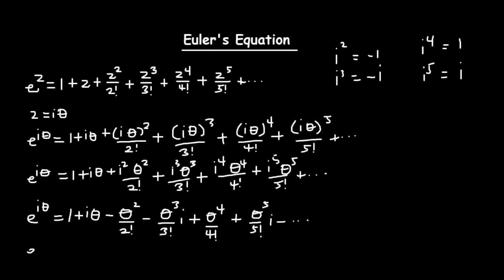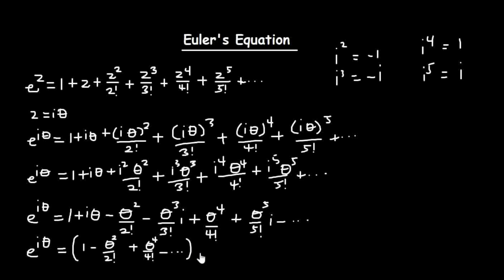Therefore you have e to the power i theta equal to. Separating the real part, I'll have 1 minus theta squared divided by 2 factorial, then plus theta to the power 4 divided by 4 factorial. Then the series will continue.